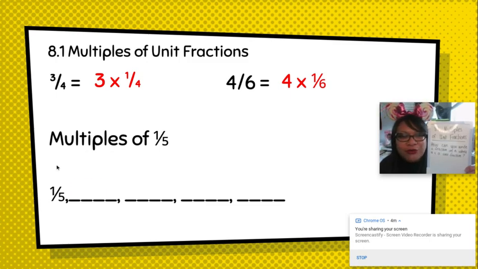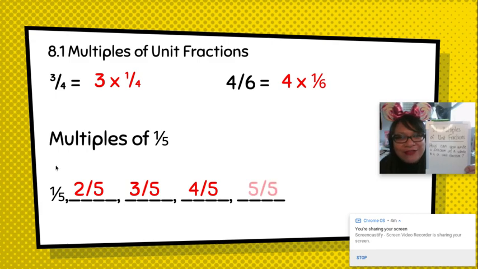So the fraction would be 2/5. A pattern is going to develop. What is 1/5 times 3? 3/5. 1/5 times 4? 4/5. And finally, 1/5 times 5 is 5/5. And that is another name for 1 whole.